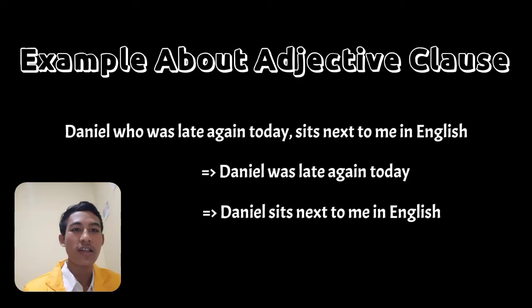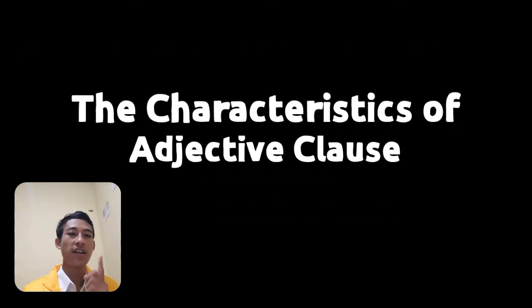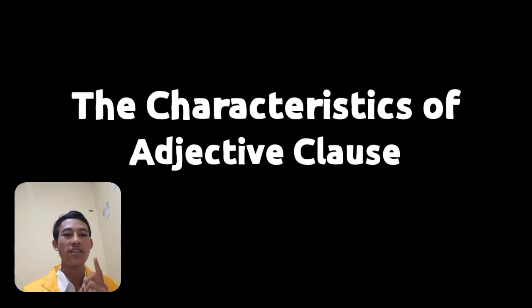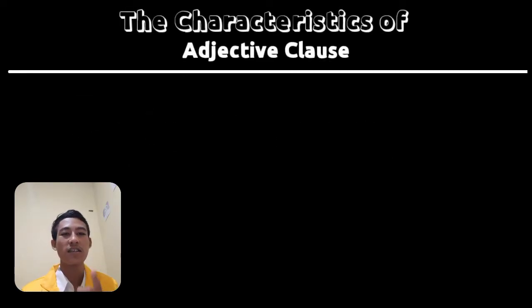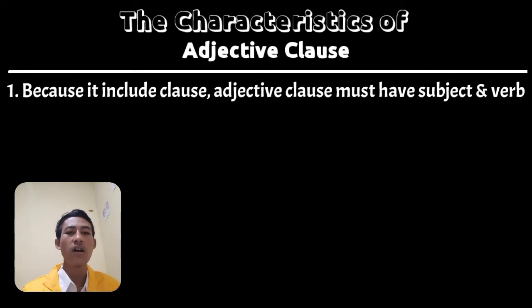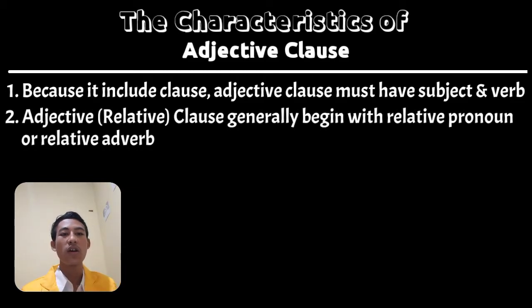So that you know more about adjective clause, I will give you the characteristics of adjective clause. 1. Because adjective clause includes a clause, it must have a verb and a subject. 2.